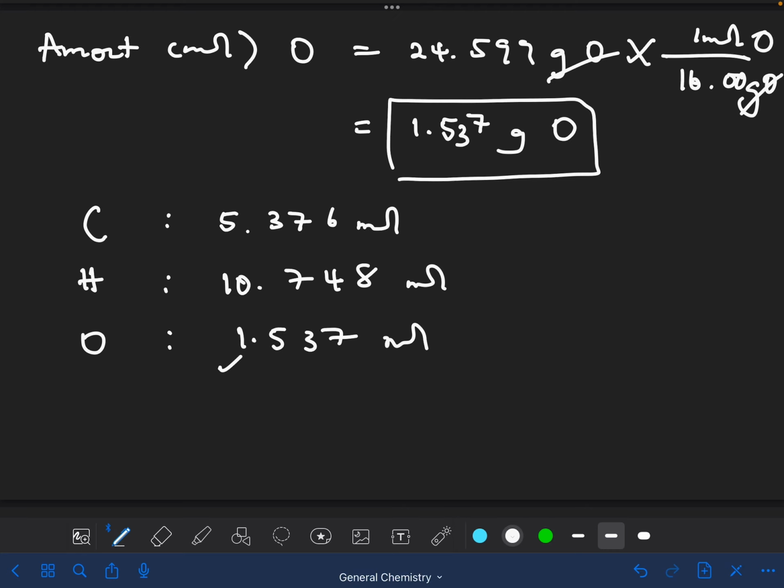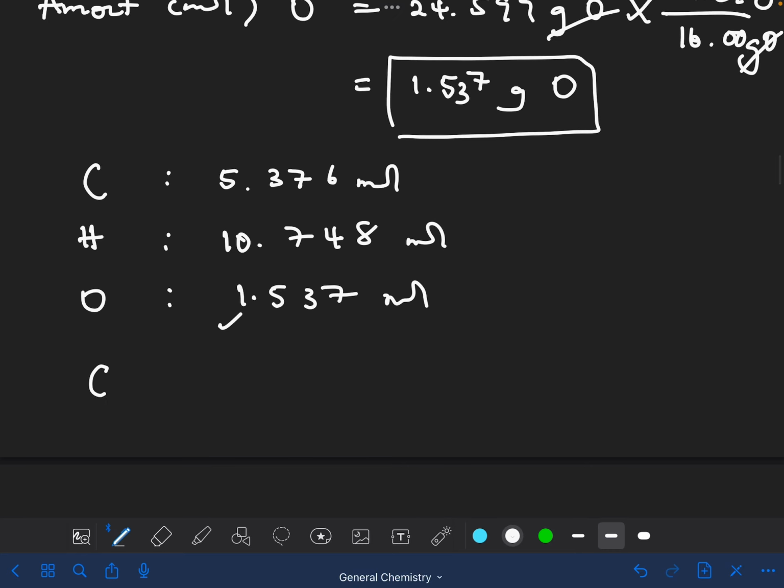Okay, so obviously, see there. It's 5.376 divided by 1.537.